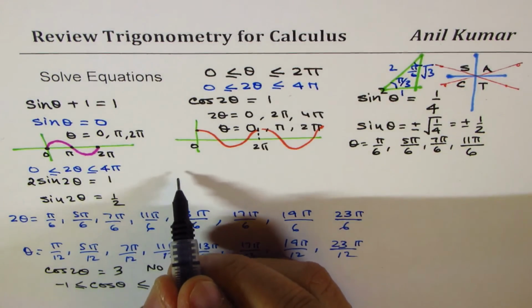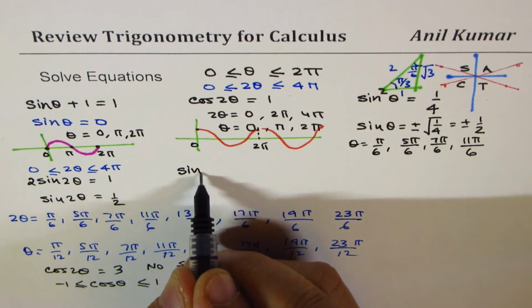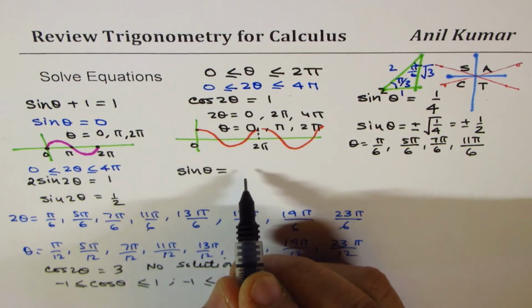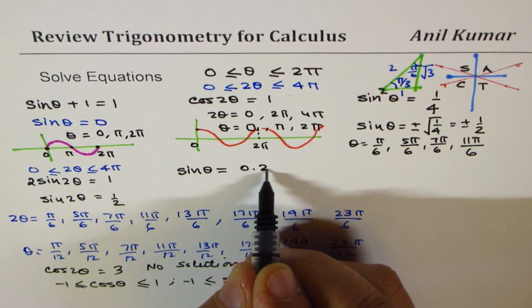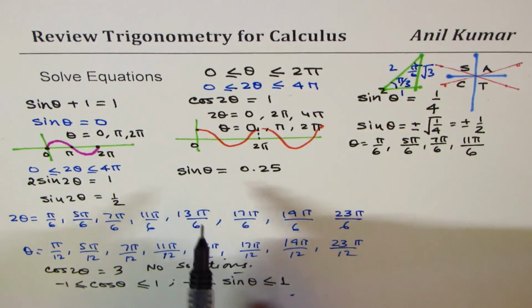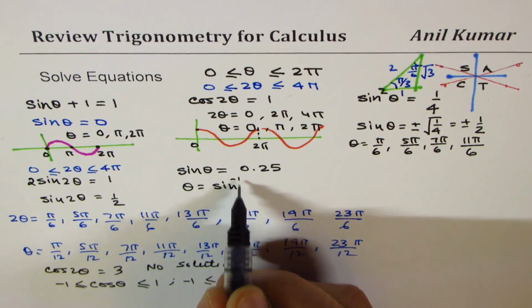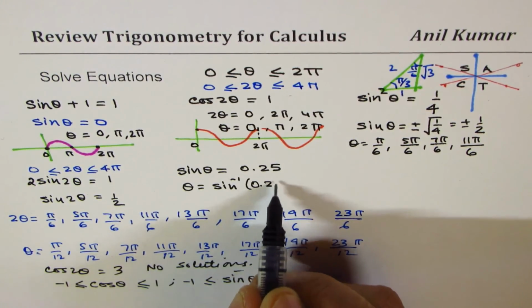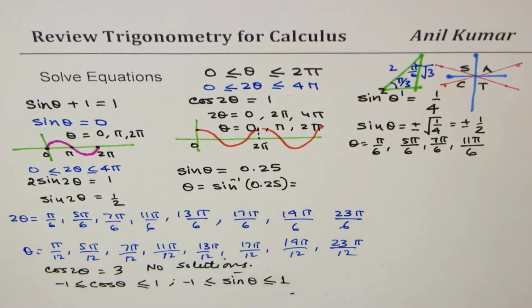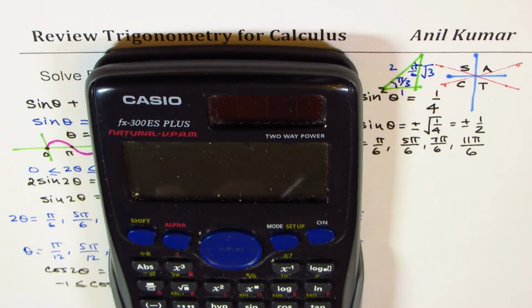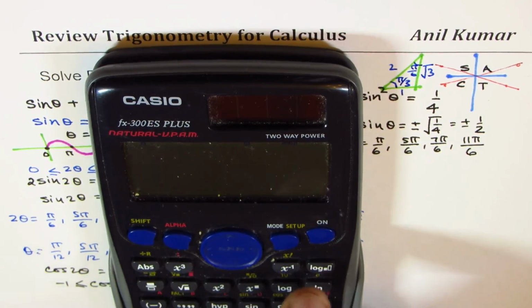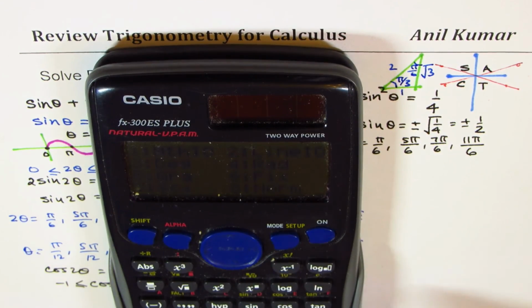So let's take a few equations. Let me take one as sine theta equals 0.25. In that case, theta equals sine inverse of 0.25. Now we can use a calculator to calculate these values. First thing, of course, is you have to change the mode to radians, right?